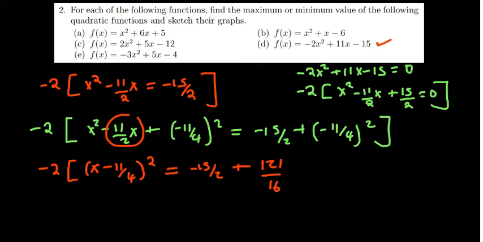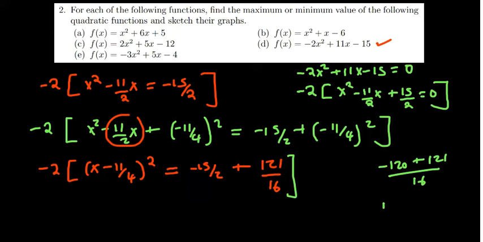So at that point you can add the fractions on the right hand side. The common denominator is 16. 2 into 16 is 8. So you can multiply 8 times negative 15. Negative 120 plus 121. So that would be what?